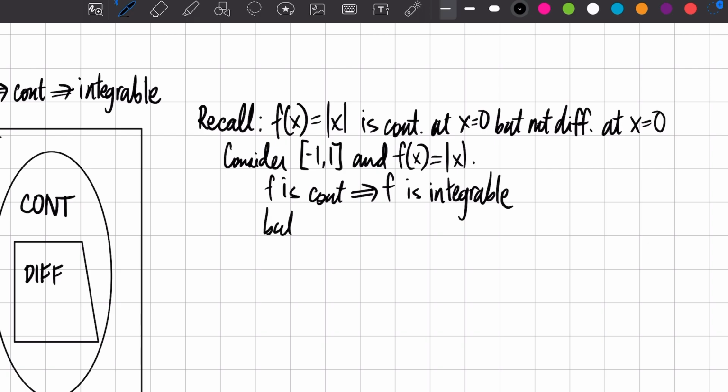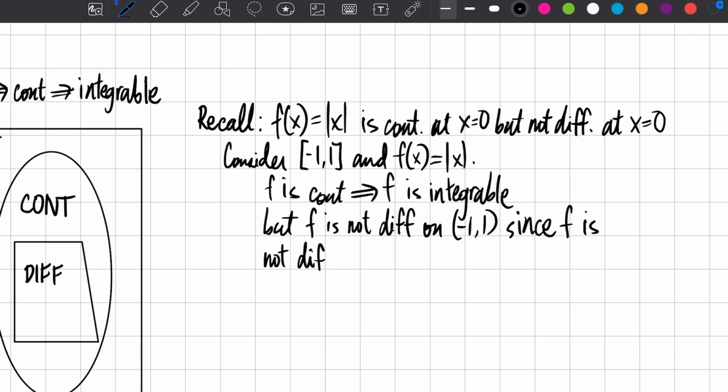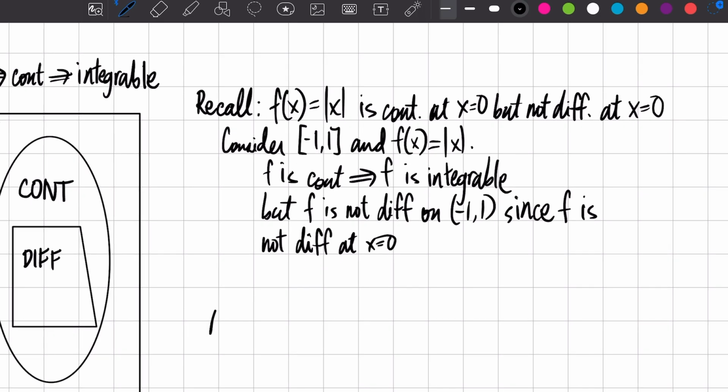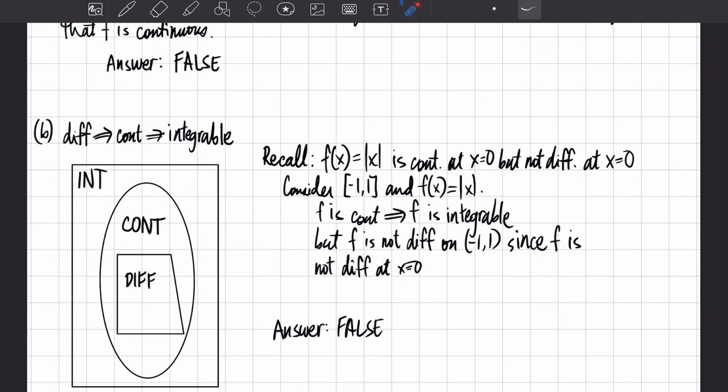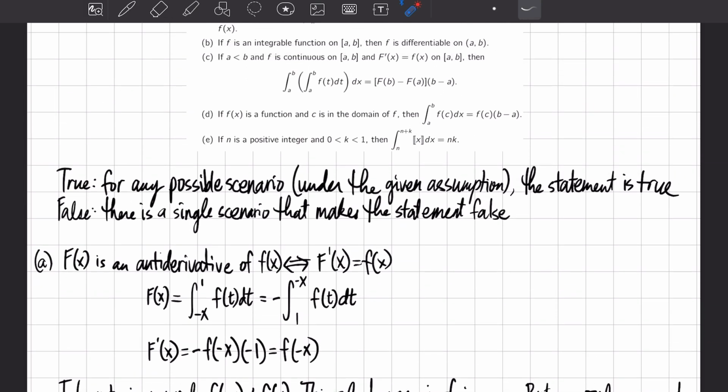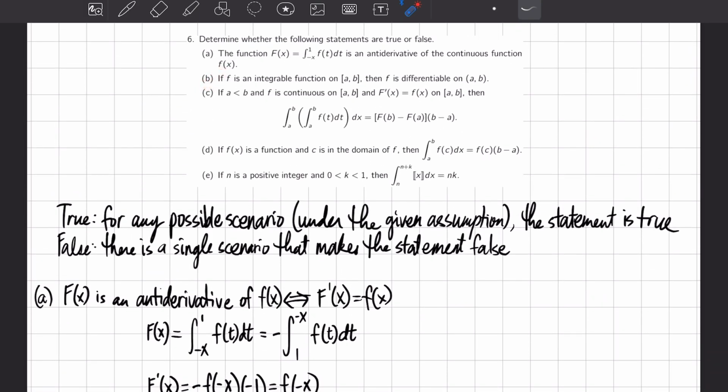But f is not differentiable on the entire interval, or -1 to 1, since f is not differentiable at x equals 0. And so, our answer to this one should be false. Okay? This is false since we have shown that there is a certain scenario which makes this statement right here false. Okay?